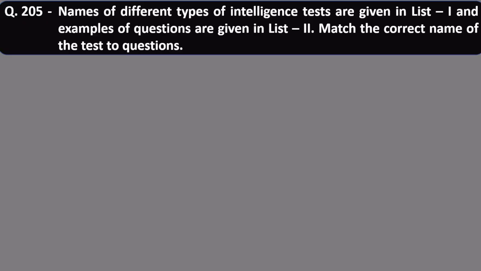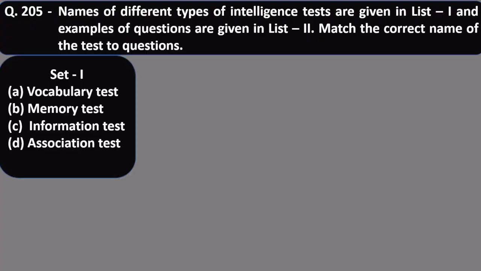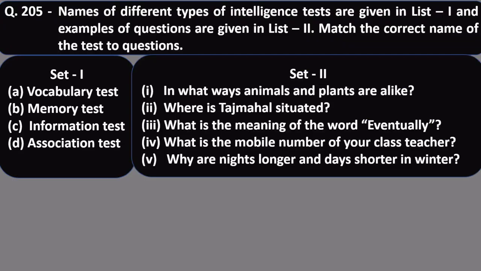Question 205. Names of different types of intelligence tests are given in list 1. Examples of questions are given in list 2. Match the correct name of the test to the question. Set 1: A, vocabulary test; B, memory test; C, information test; and D, association test.